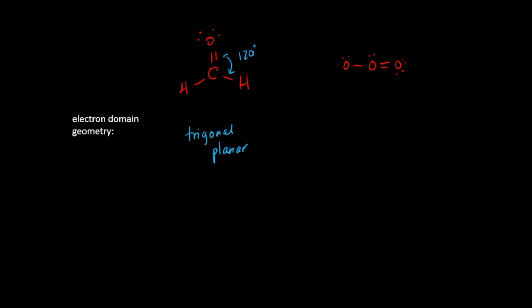Ozone is another example where there are 3 domains around the central atom. Therefore, it also has trigonal planar electron domain geometry. The last one to remember is if there are 2 electron domains, as in CO2.